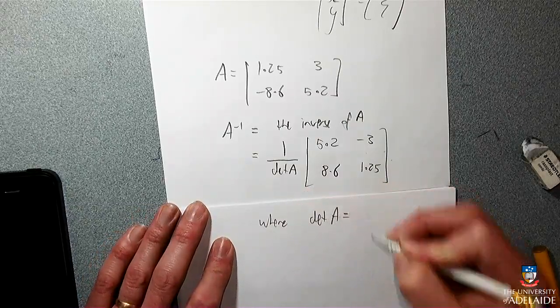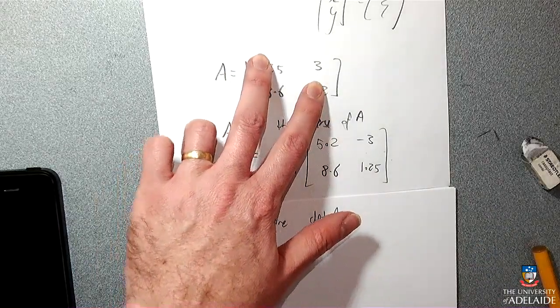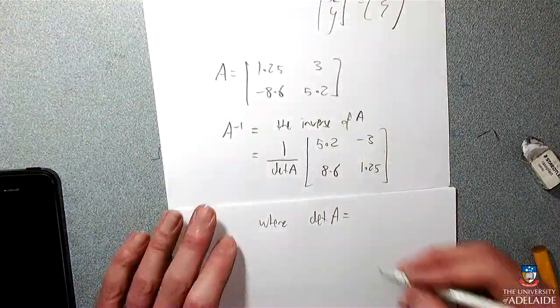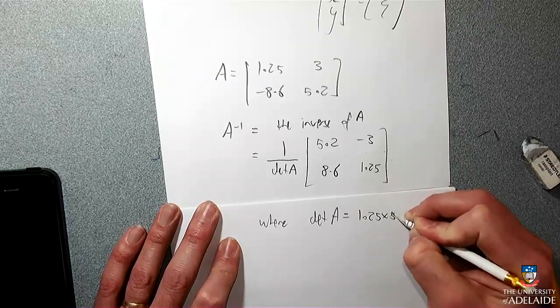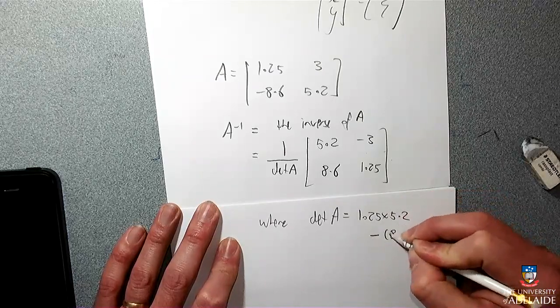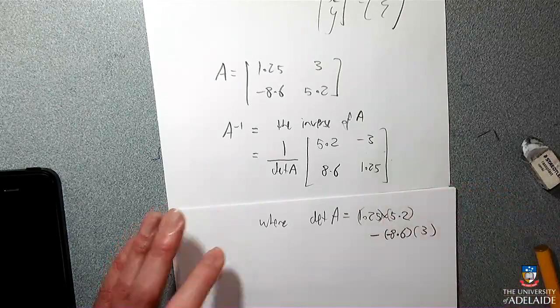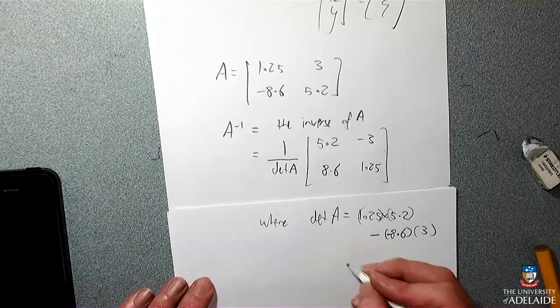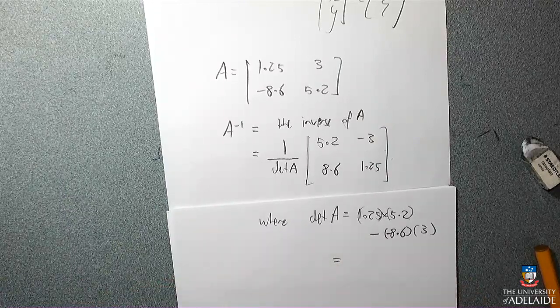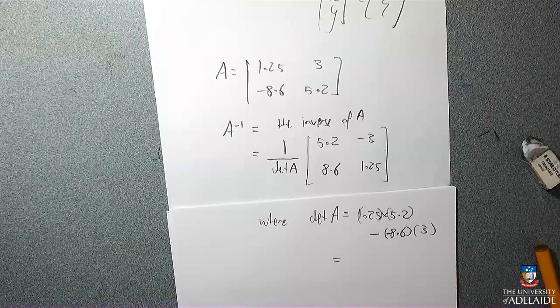Where det A is calculated by doing those two multiplied minus those two multiplied, which is 1.25 times 5.2 minus 8.6 times 3.